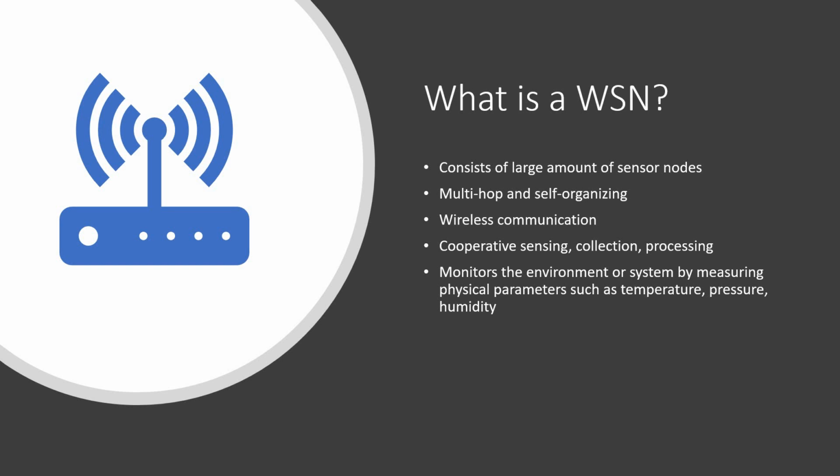So every node has to communicate with the base station, and it uses wireless communication because these networks are usually deployed in places where it is difficult to keep a wired connection between the devices. It also has cooperative sensing, collection, and processing, which means the entire sensor network works like a unit.